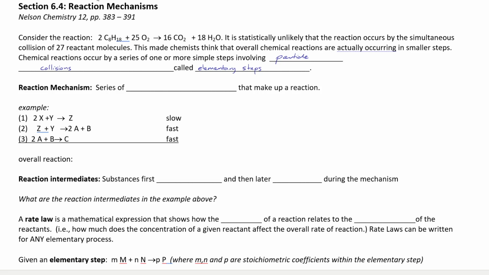To recap, the overall chemical reaction, as written above, does not happen in one step. It's made up of multiple steps that altogether make up the overall chemical reaction. So we have what's called a reaction mechanism, which is a series of these elementary steps that make up a chemical reaction.